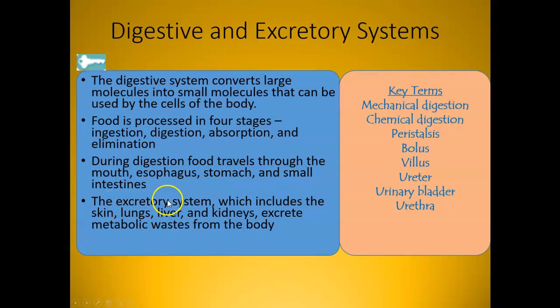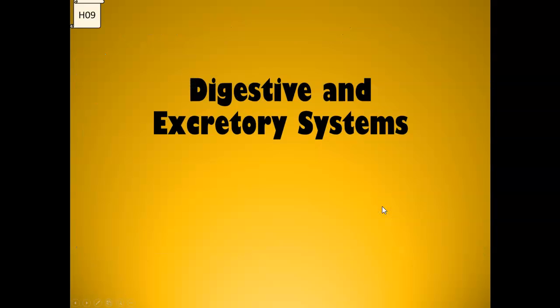And then excretory system, which includes the skin, lungs, liver, and kidneys, excrete metabolic waste from the body. So we'll see some of the key terms are mechanical digestion, chemical digestion, peristalsis, bolus, villus, ureter, urinary bladder, and urethra. All right. So starting off with the digestive system first.